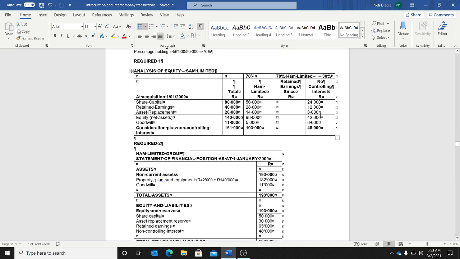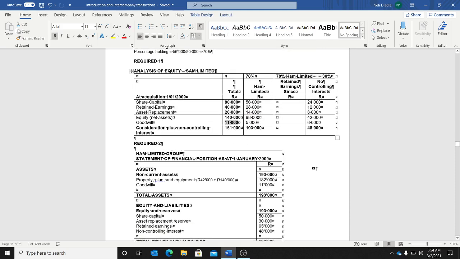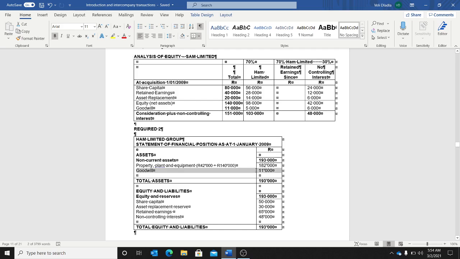Now, here's 48,000. So for me to move from 42 to 48, I need 6 here in the middle. I need this 6 to get to 48. Now, you'll see that 6 plus another 5, because both of them are positive, they're goodwill, gives you 11,000, which is here. That 11 comes here. Okay, it will be here.